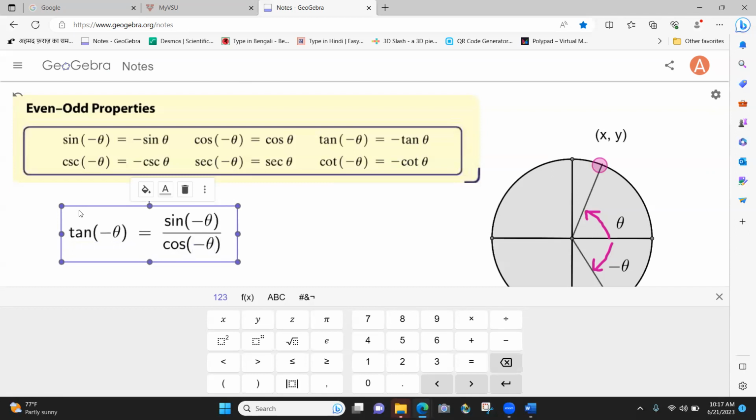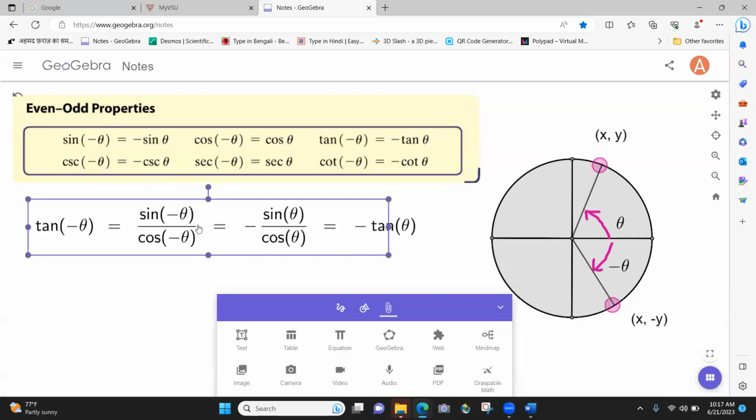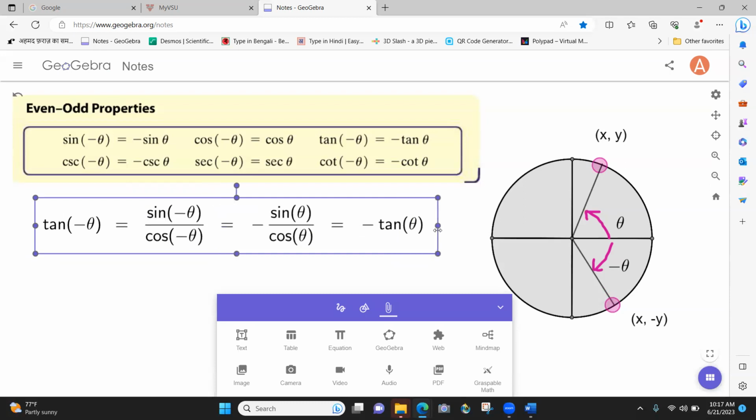Now, based on the first two formulas, instead of sine of minus theta, I can simply write minus sine theta. And instead of cosine negative theta, I can just write cosine theta. Now, what do I have here? Sine theta over cosine theta is tan theta, but don't forget the minus sign. Done. I just proved formally that tan negative theta is equal to negative tan theta.